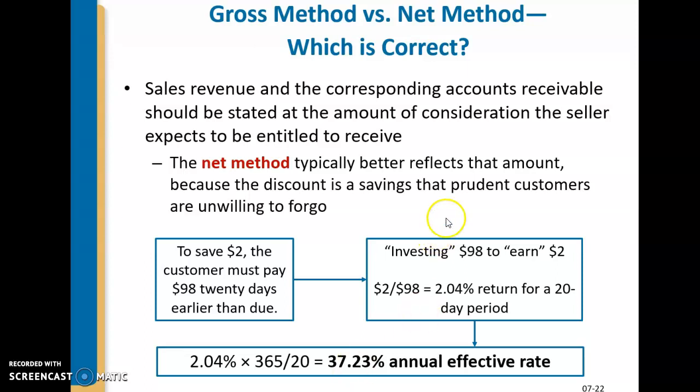So when they say prudent customers would not be willing to forgo the discount, with this kind of a calculation, I wouldn't be willing to forgo the discount either. So because revenue should be recorded at the amount expected to be received, then the net method would be more correct.